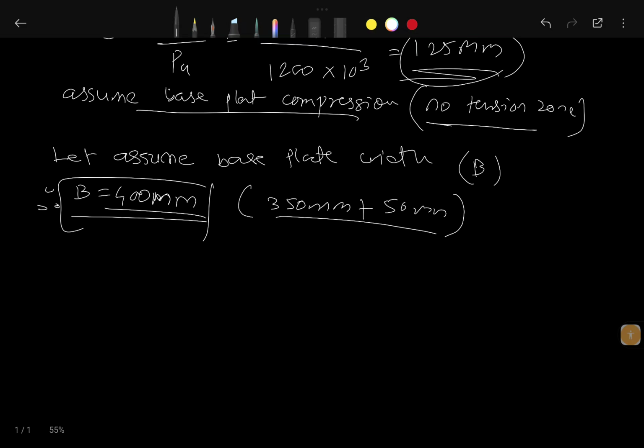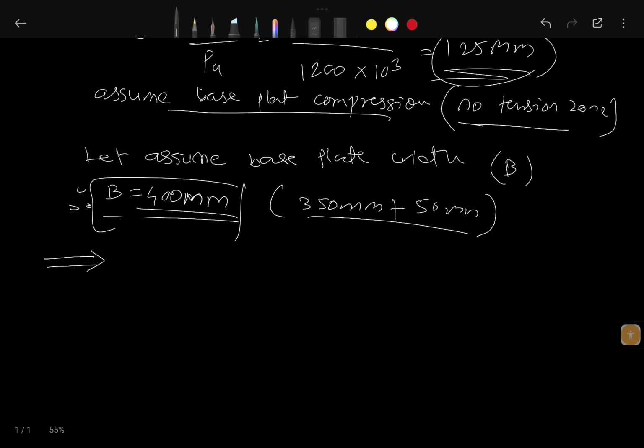Suppose we have used B is equal to 400. We generally also go into this point: suppose we have considered the other side where depth is equal to 650, just assume for trial method.